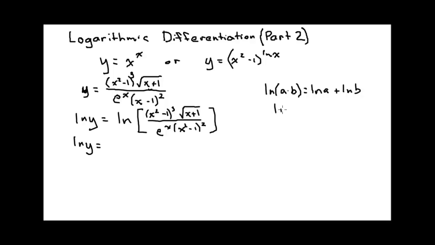And similarly, ln of a over b is equal to ln of a minus ln of b. Well, that looks better. So basically we're going to apply this rule. So this product here I can write as a sum, and the quotient I can write as a difference.